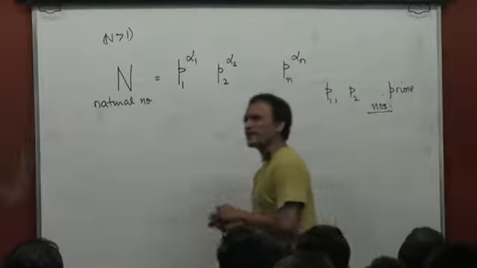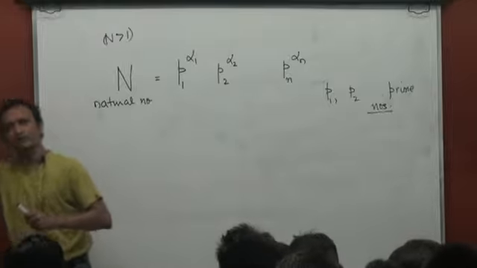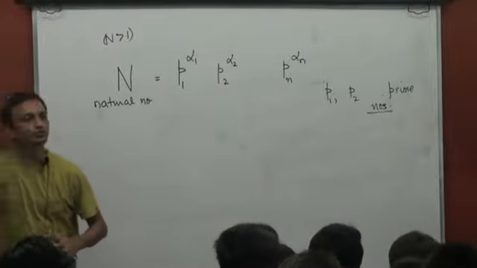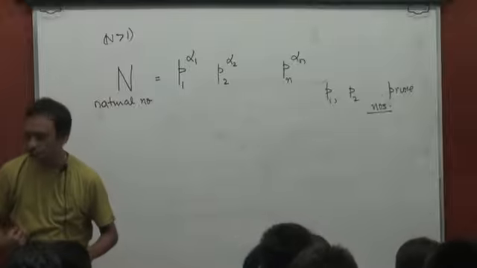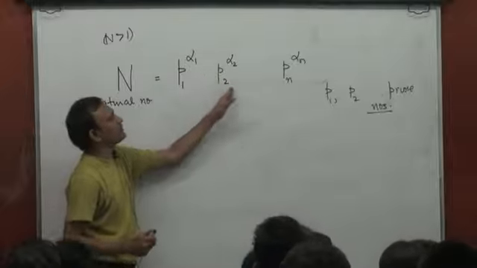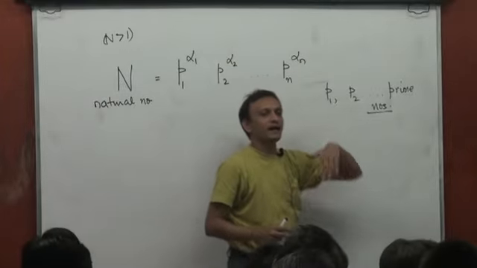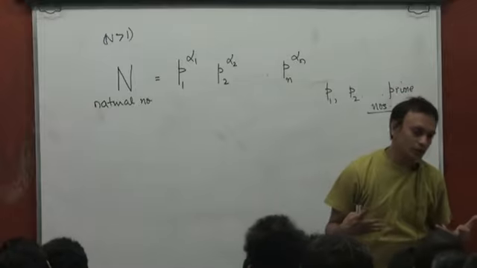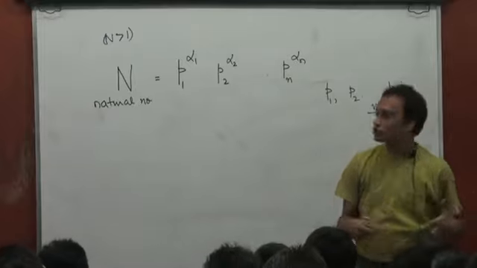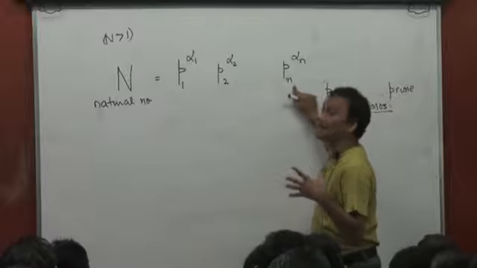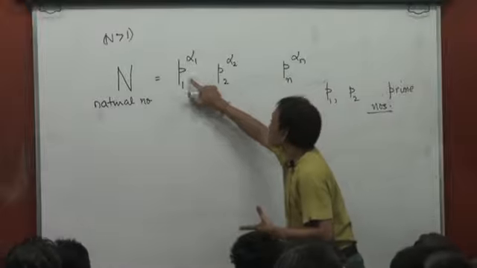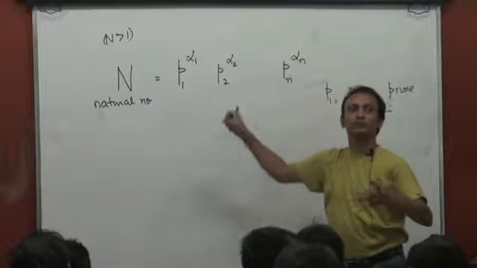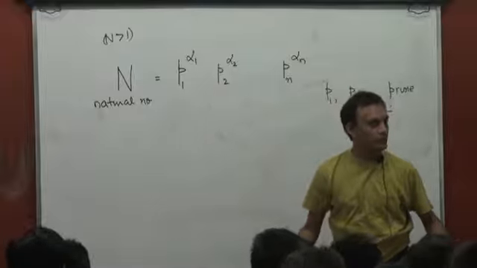So you could factorize any number into a product of powers of primes in a unique manner, isn't it? Where alpha 1, alpha 2, alpha n are natural numbers, but p1, p2, p3, pn are prime numbers. Product of powers of primes. Any natural number could be expressed this way. Clear?